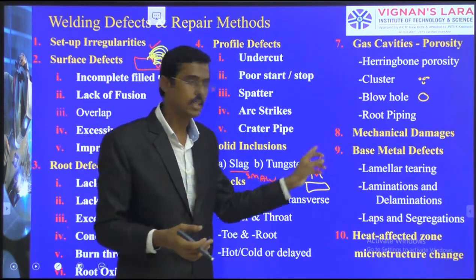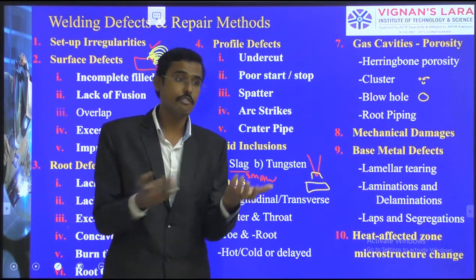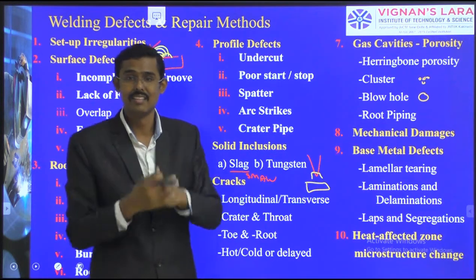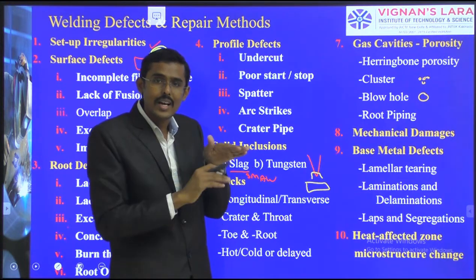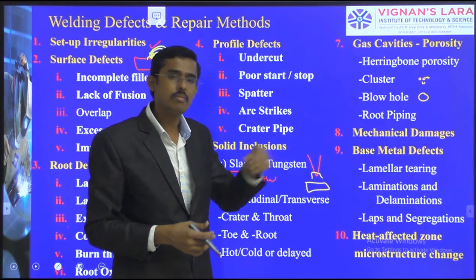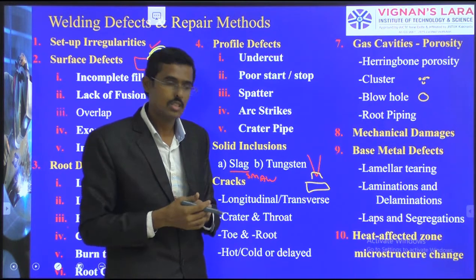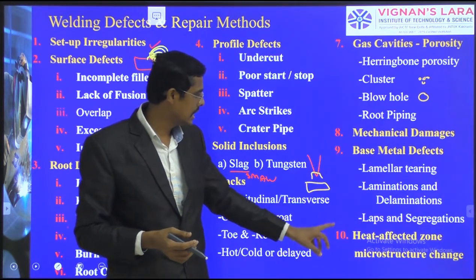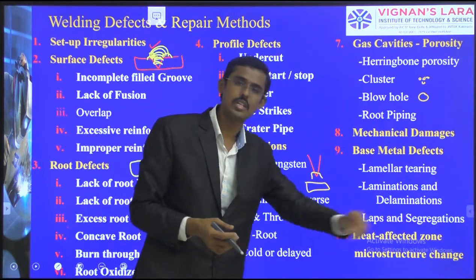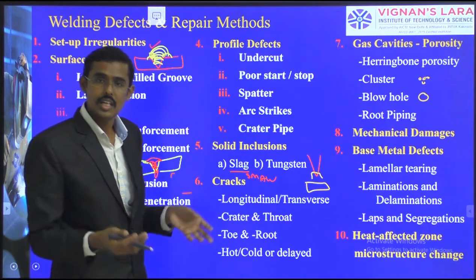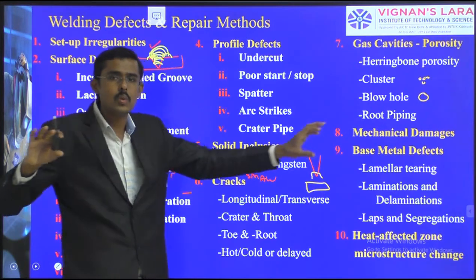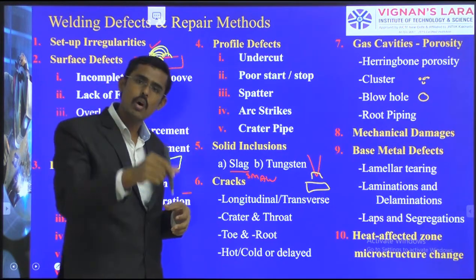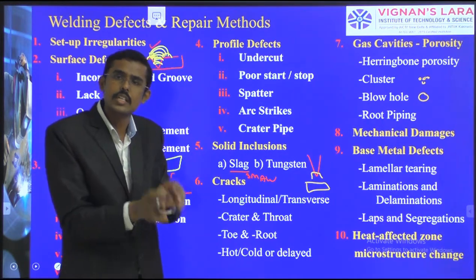But in the base material, the 9th one, in the base material itself, when we are purchasing and when we are casting, there are laminar tearing and laminations, and attachments won't be there. It will come as a base material defect. And the last one I had is heat affected zone microstructural changes. In welding, heat distribution occurs throughout the welded specimens. We know heat is absorbed, melted and deposited, that is okay.